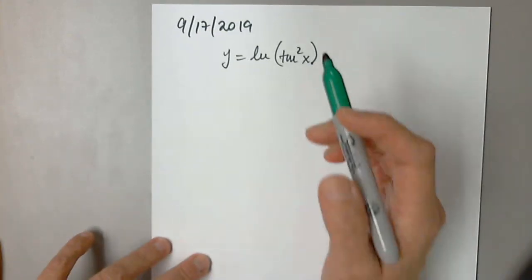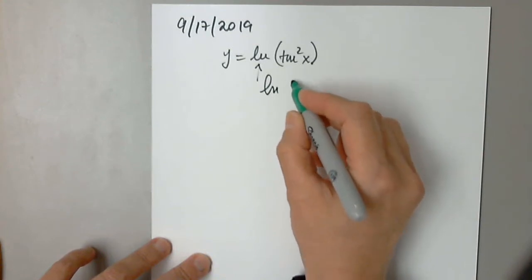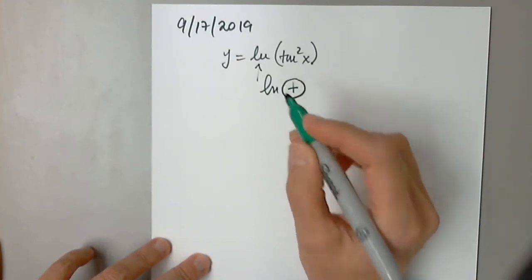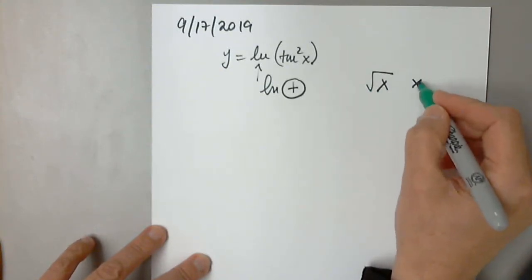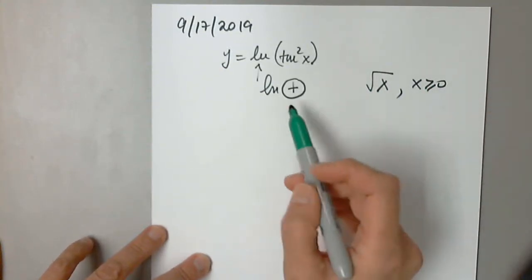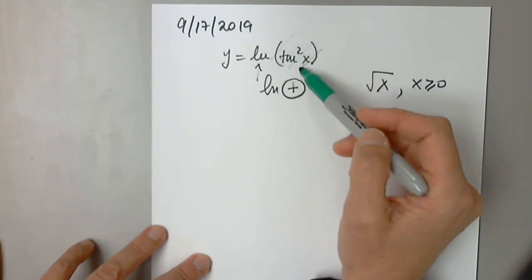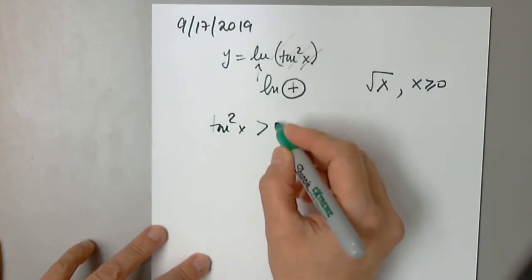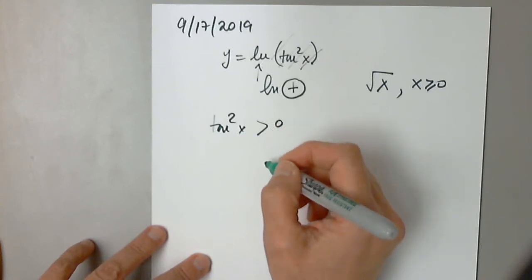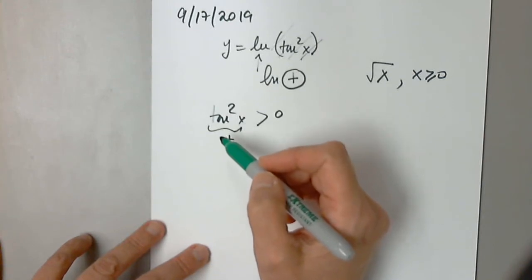Okay, so we know that natural log, like any log, is defined only for strictly positive numbers. Pretty similar with the square root of x, but there I can plug in 0, and here I cannot. So this quantity, tangent squared x, is definitely a number greater than 0. But there is a potential problem. Because this is always a positive number, right?